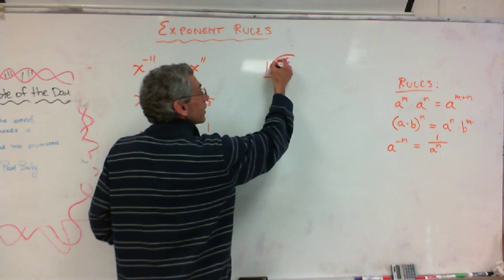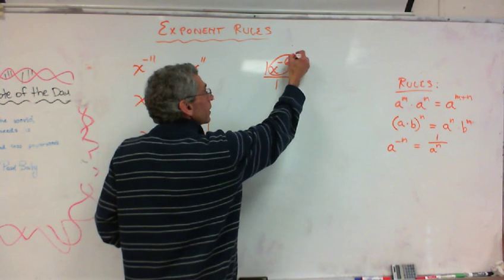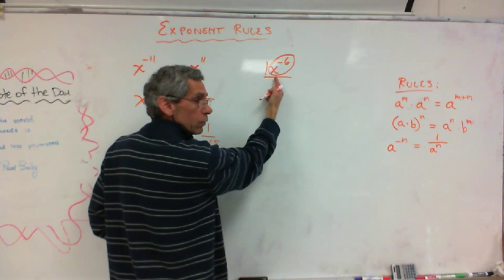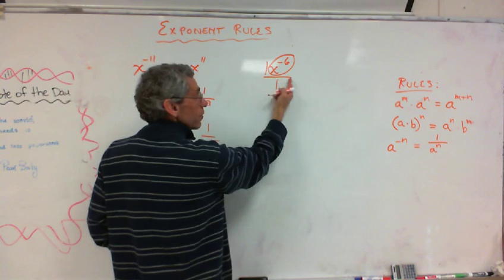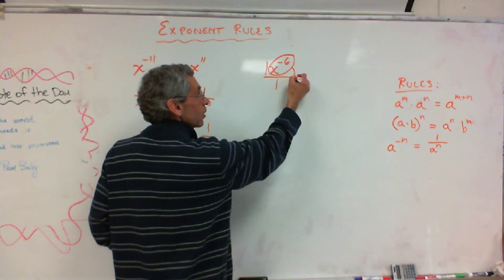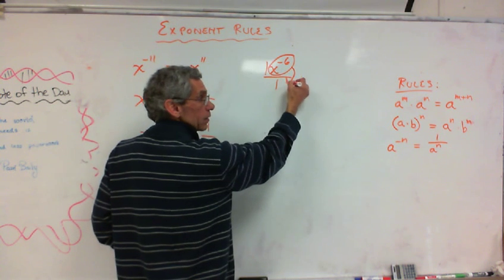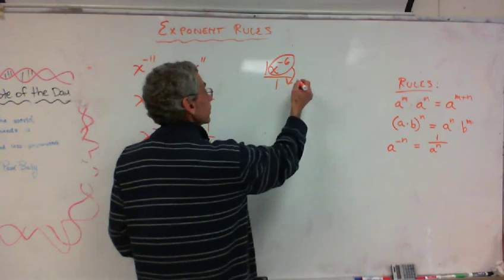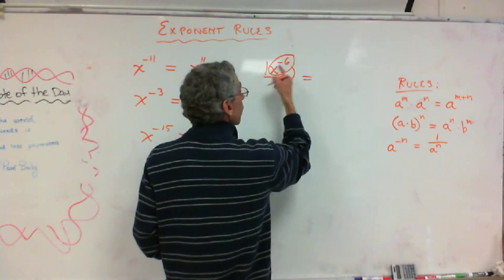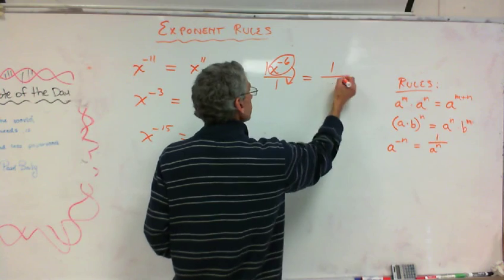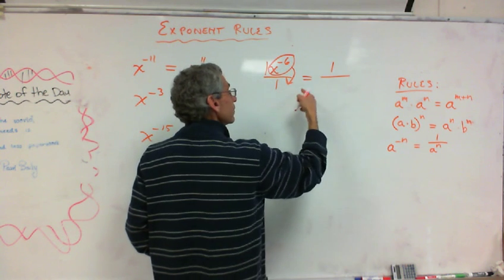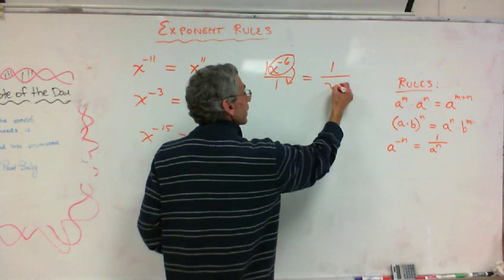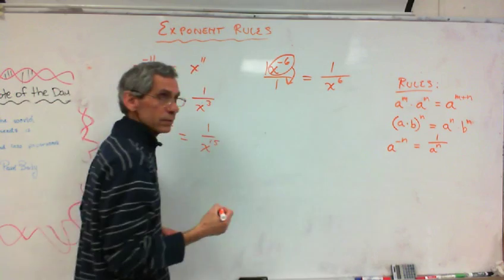If I circle the negative exponent and only what it affects, and this is my fraction line, if I bring it down across the fraction line, it changes that exponent to a positive. So suddenly, look what I have. I still have that 1 upstairs. The x to the negative 6 comes downstairs, and it becomes x to the positive 6.